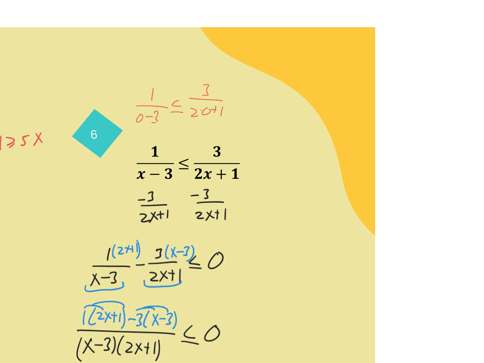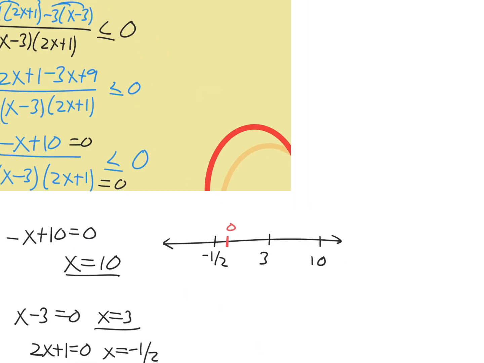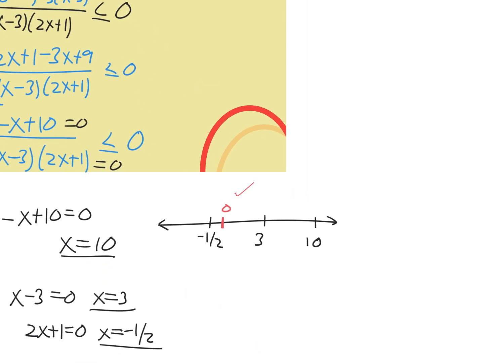And then 1 over 0 minus 3 is negative 1/3, is less than or equal to 3 over 2 times 0 is 0 plus 1 is 1. So I get negative 1/3 is less than or equal to 3. That is true.